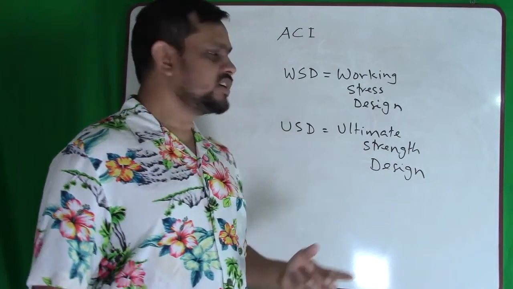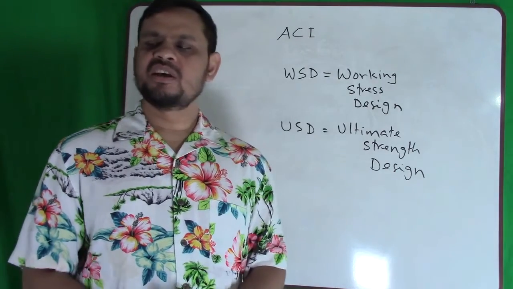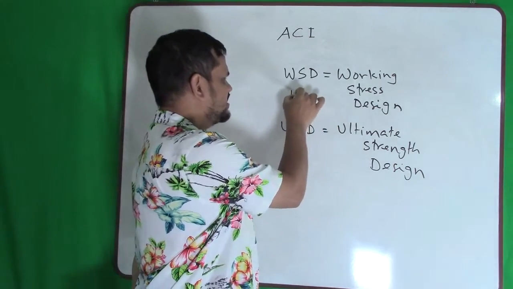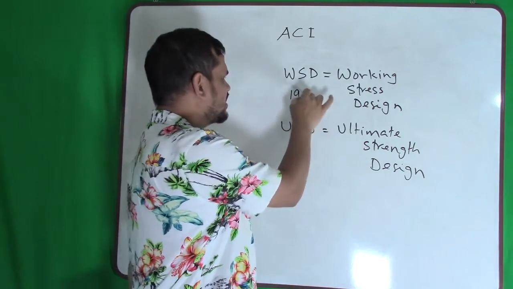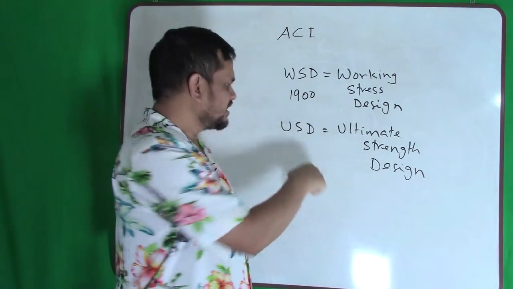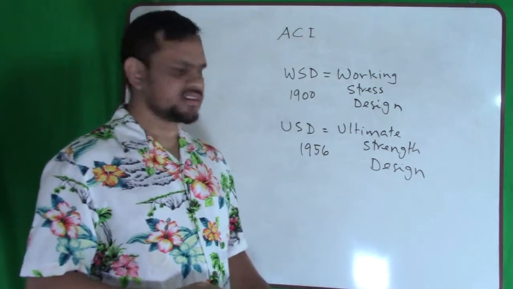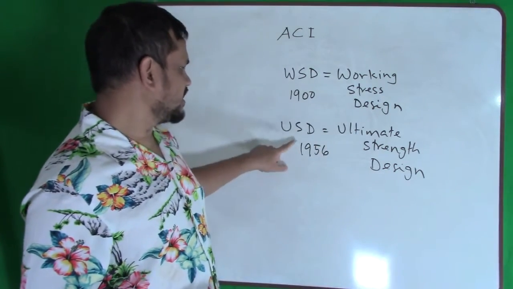One is WSD. Working stress is very old. Very old means it started, say, in the early 1900s, and USD started in 1956, when ACI adopted the USD method.